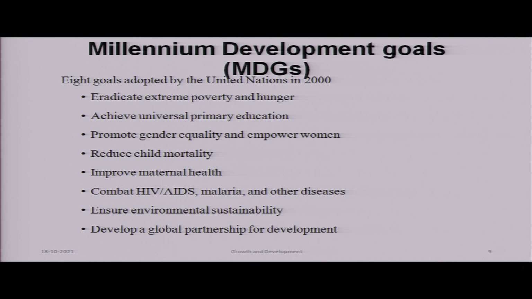So the first one is eradicate extreme poverty and hunger, achieve universal primary education, promote gender equality and empower women, reduce child mortality, improve maternal health, combat HIV, AIDS, malaria, and other diseases, ensure environmental sustainability, develop a global partnership for development.